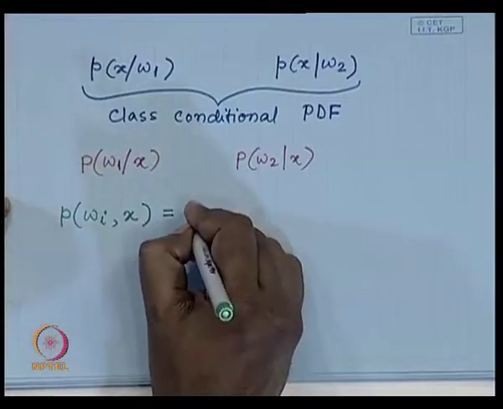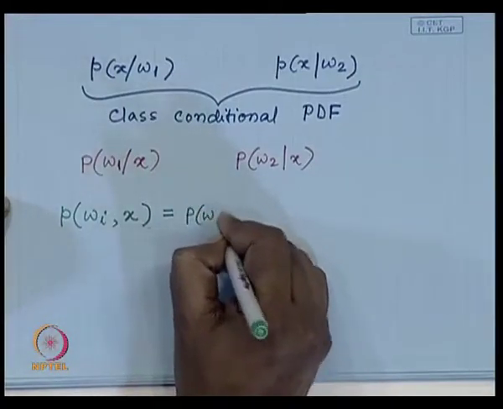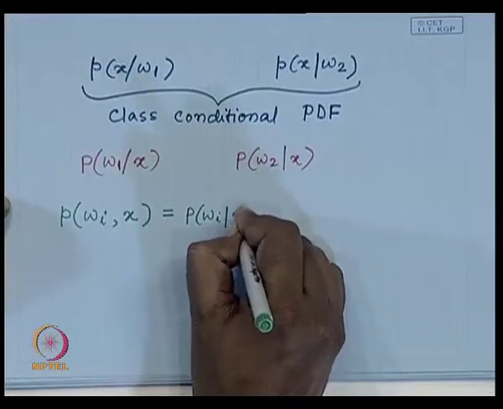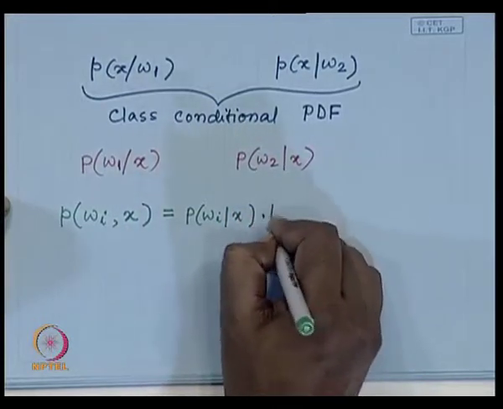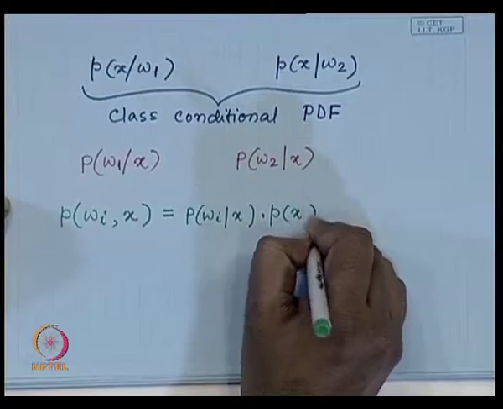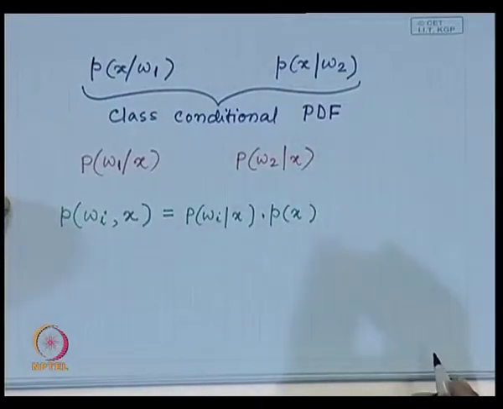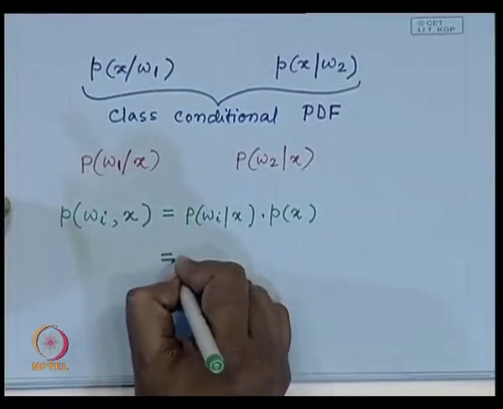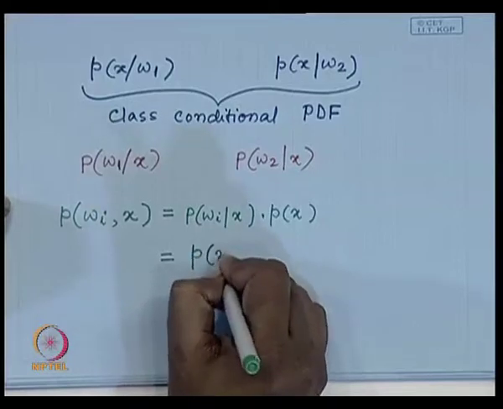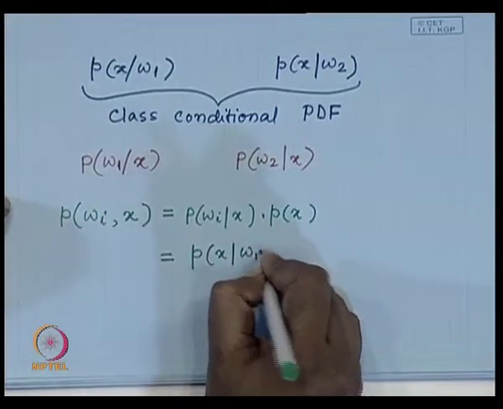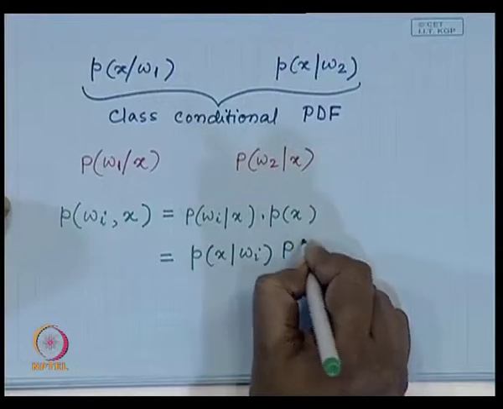This is nothing but p of omega i given x into p of x, or this is the same as p of x given omega i into p of omega i.